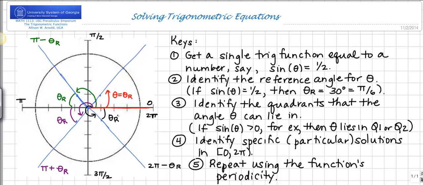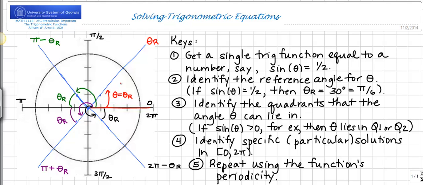Now, based upon those positions and based upon angles measured in radians, for the first guy in the first quadrant, the angle and the reference angle are the same.